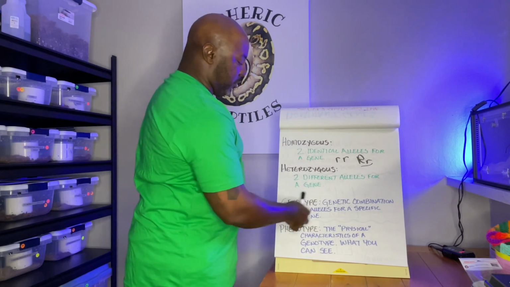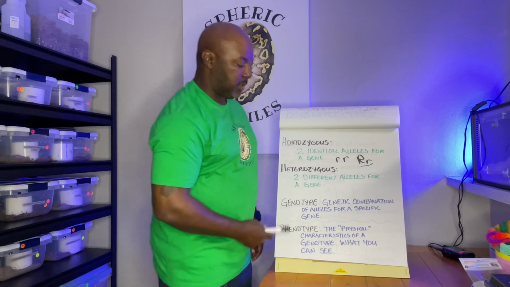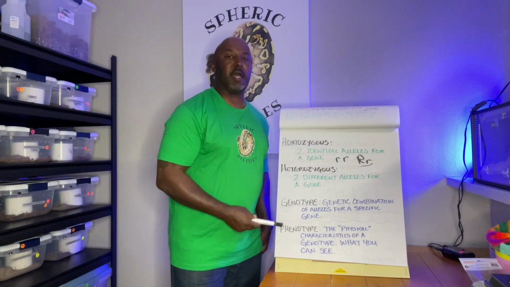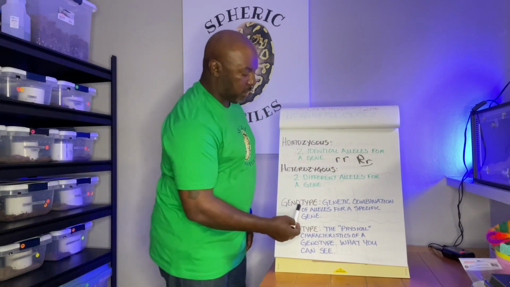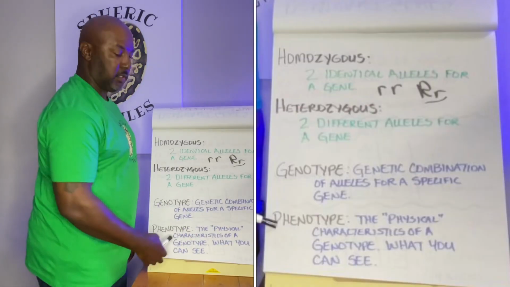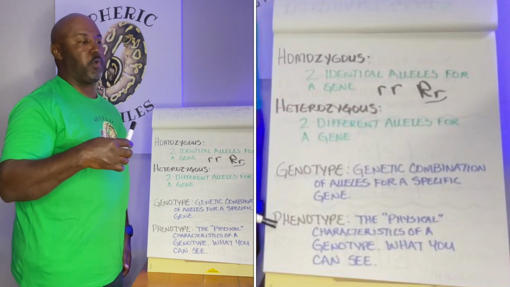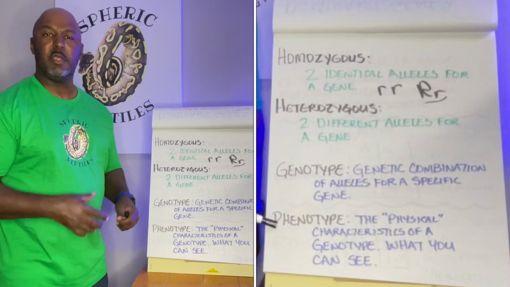After we move forward from that, the next things we'll discuss are genotypes and phenotypes. These are so closely related that a lot of the time people won't even discuss what the phenotype is. Now, a genotype is a genetic combination of the alleles for a specific gene. So that's whether you end up with an acid orange dream, a yellow-bellied clown, something like that.